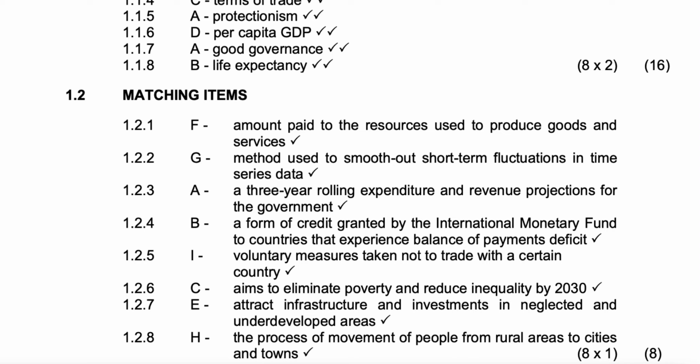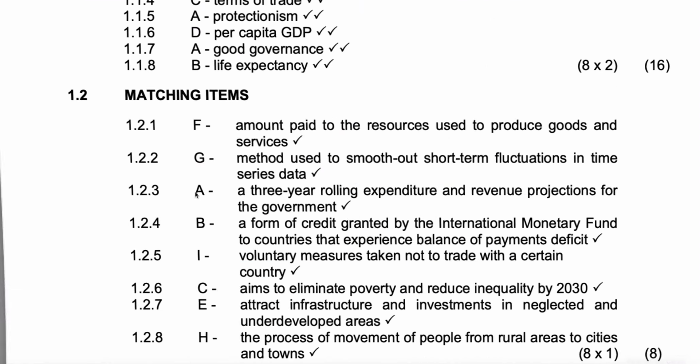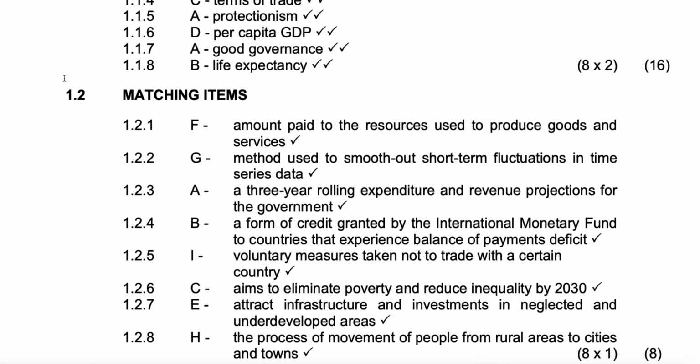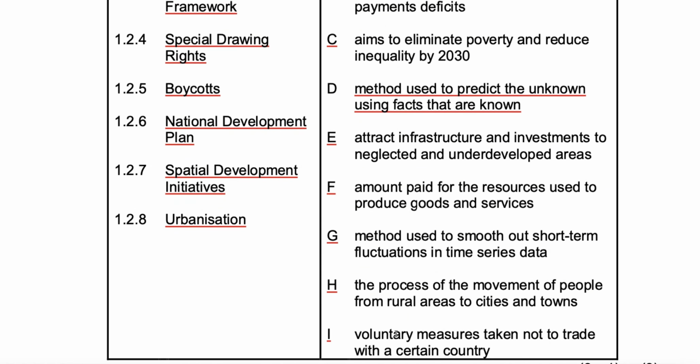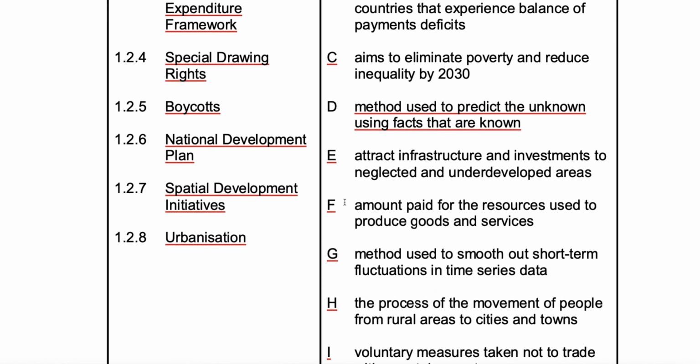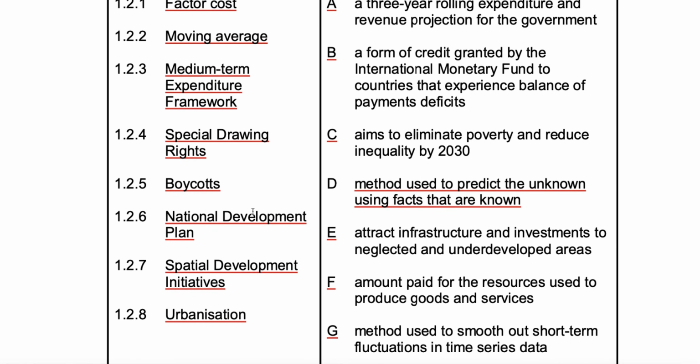I said AGF. Okay. Then BIC. Let's see. BIC. B. Yes. Remember this one that I took time to explain. B. Okay. Voluntary.